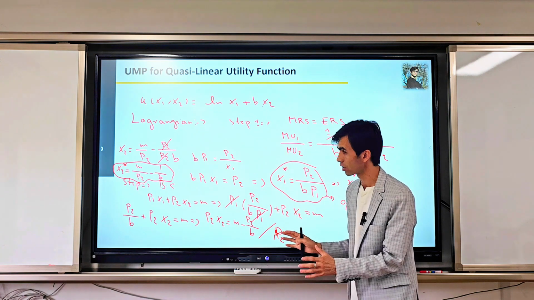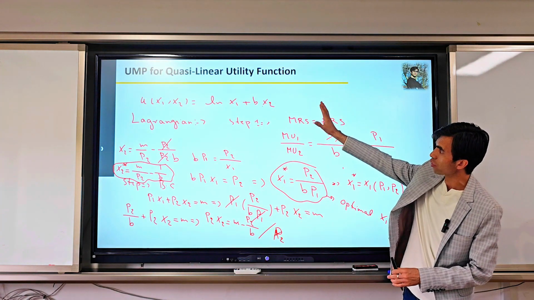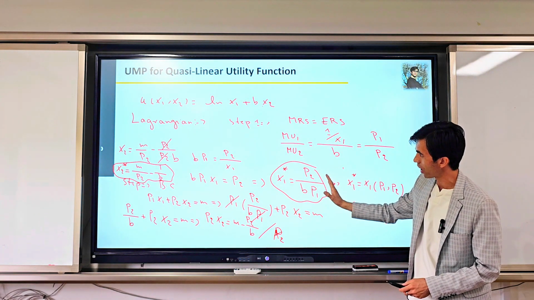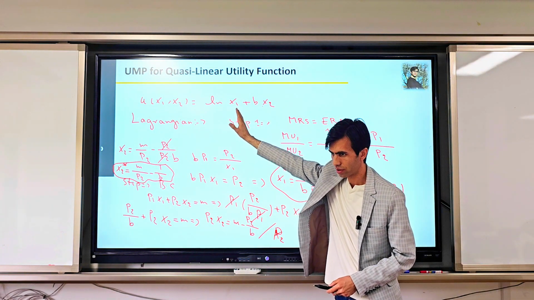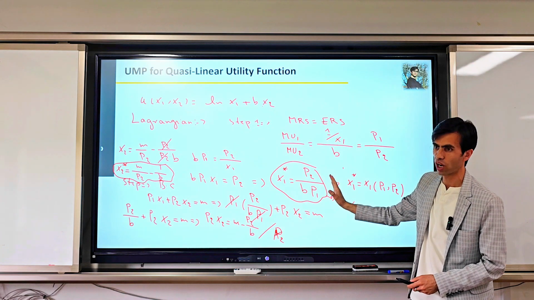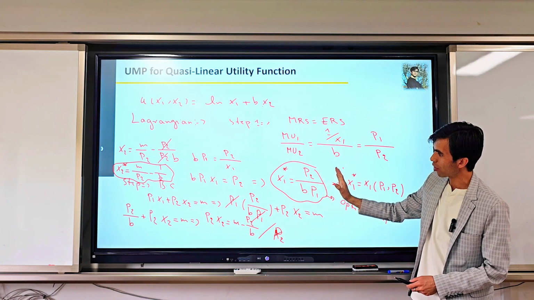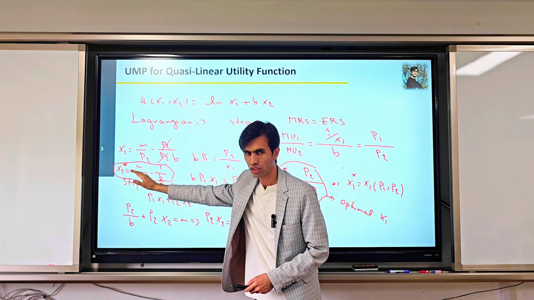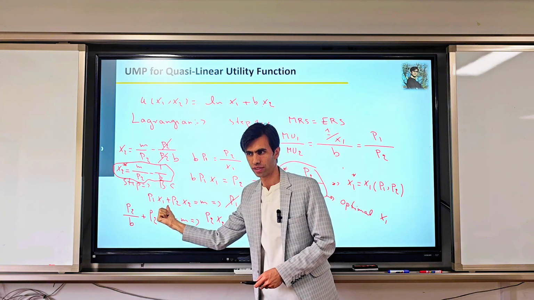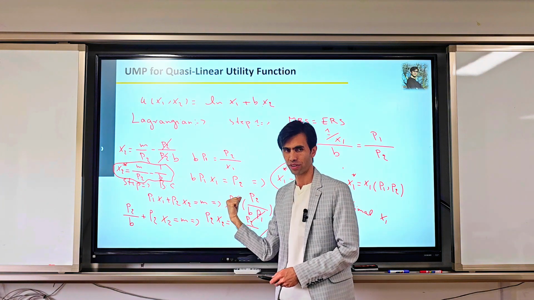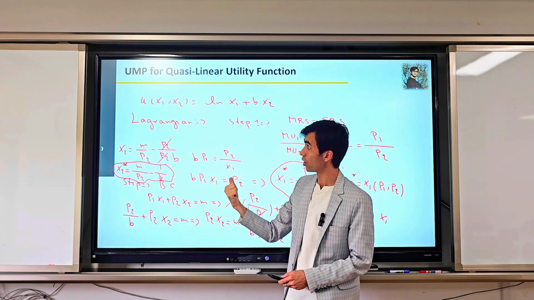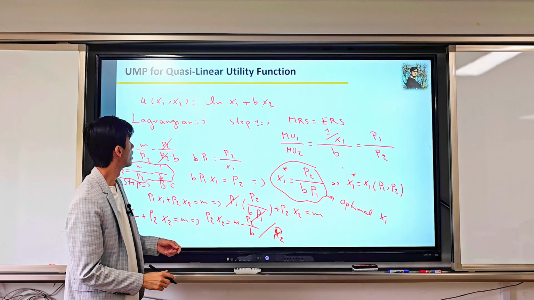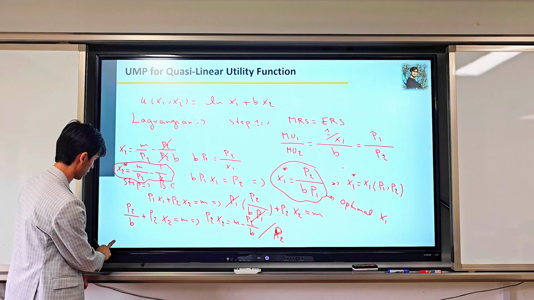So finally, we can conclude that when we have a quasi-linear utility function, our optimal level for the nonlinear good is only a function of prices, but our optimal level for the linear good is a function of income and its own price, not the price of the other good. So this is the utility maximization process for the quasi-linear utility function.